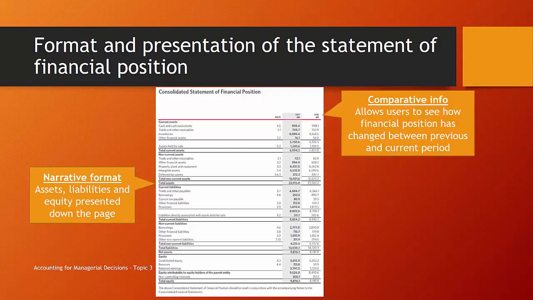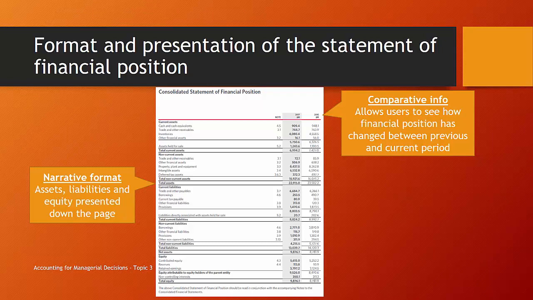They also include comparative information. So it allows you to see how things have changed from the previous year to the current year. It's only 2 years, so you can't really get that much of a sense of trend, but it does allow you to at least see if there's been any major shifts in recent time. When we start to look at financial statement analysis in a few topics' time, you'd like to see larger trends.